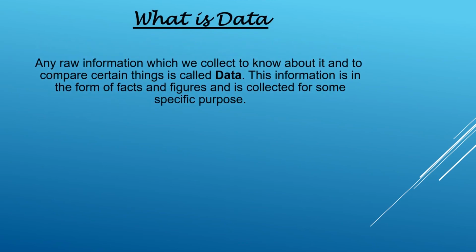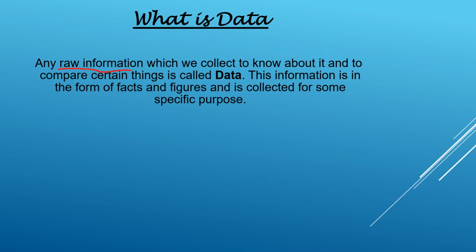So first is, what is data? The definition says any raw information which we collect to know about it and to compare certain things is called data. So it says any raw information.